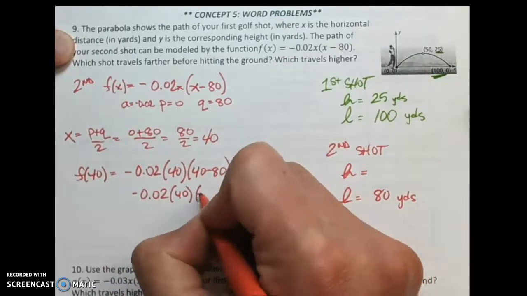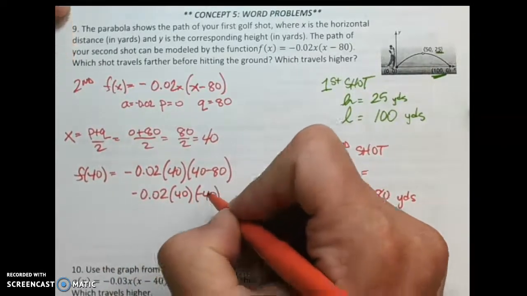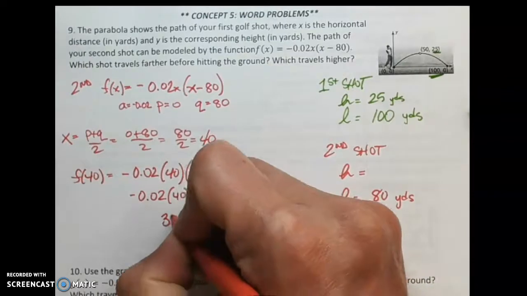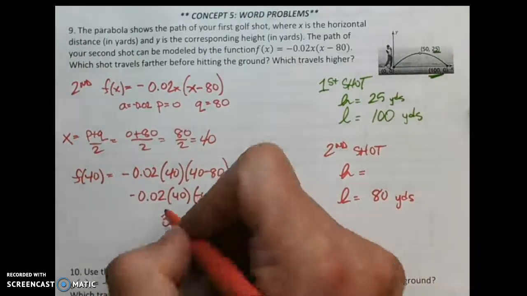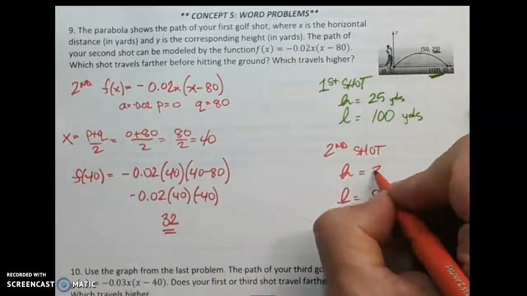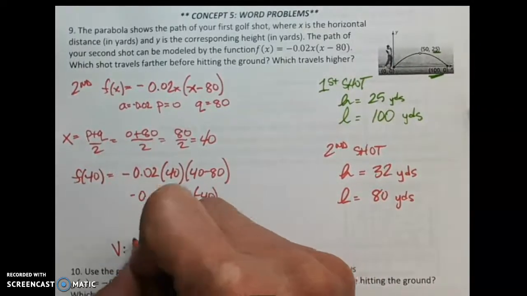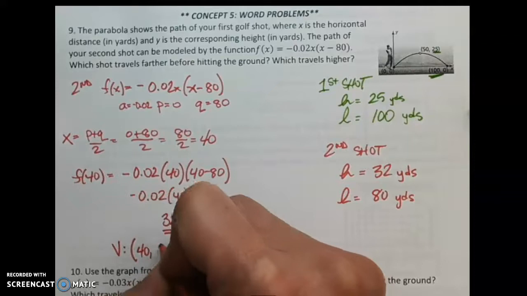And 40 minus 80 is negative 40. Negative times negative is going to give me that positive, so that's going to cancel out. And when you multiply those all up, you are going to get 32. So my height is actually 32 yards. Which again, my vertex would be (40, 32).